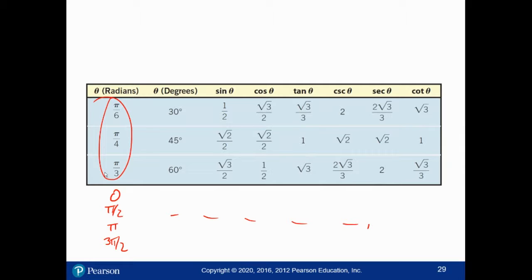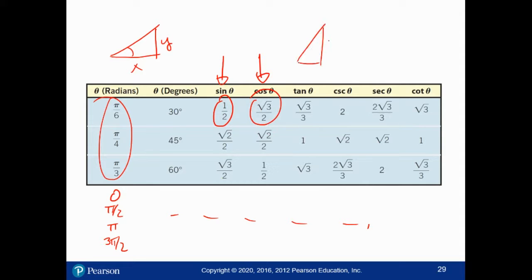The pi over 6, the pi over 3, I always have to think for a second which one is which. I have not memorized this chart. I just remember that the relevant quantities are going to be 1/2 and root 3 over 2, and then just based on visualizing in my head, for 30 degrees, x is bigger than y. Therefore, for 30 degrees, the x coordinate, root 3 over 2, is the big one, and the y coordinate is the small one, 1/2.